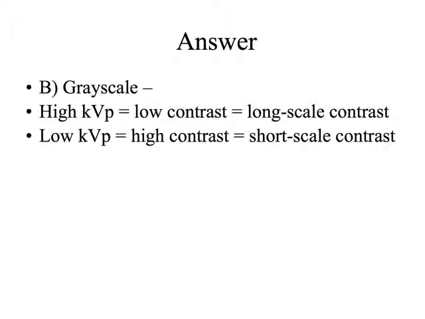So I went back to our last discussion of grayscale and talked about how high kVp equals a low contrast, which is also a long grayscale. A low kVp is going to give us a higher contrast and a shorter grayscale, but it's still the range of values over which our imaging system can respond. So we've related it now not just to the IR plate, but also to the technical factors that are influencing the image receptor.